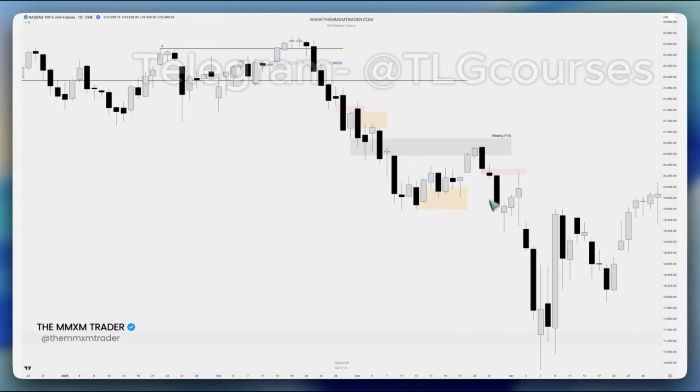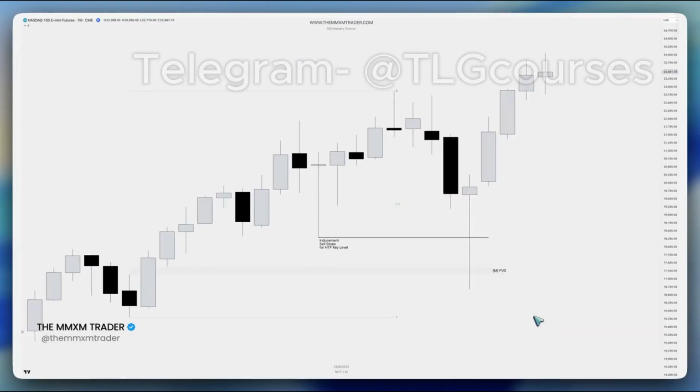We could have caught all of this. Then it trades back up into internal, high time frame key level. Then it sells off aggressively until we get to that monthly FVG. Okay, now we're in a discount at that monthly bullish FVG. We run out a short-term low into that bullish FVG. So this is inducement for the high time frame key level.